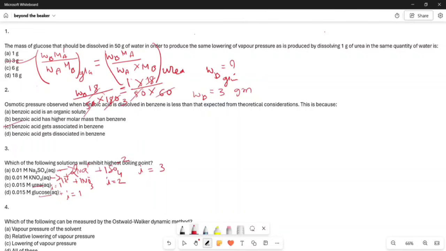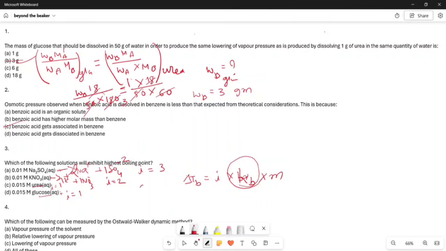We know the relationship that elevation in boiling point, delta Tb, is always equal to i into Kb into m. As Kb is a constant, it does not vary.